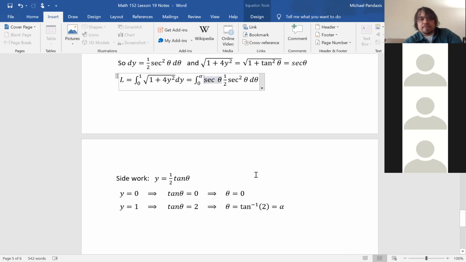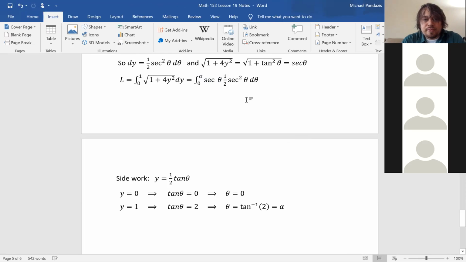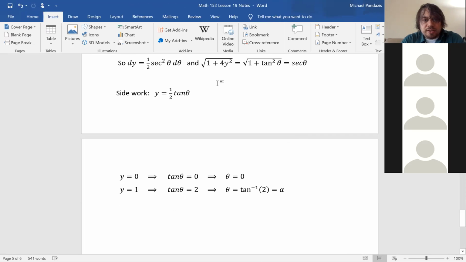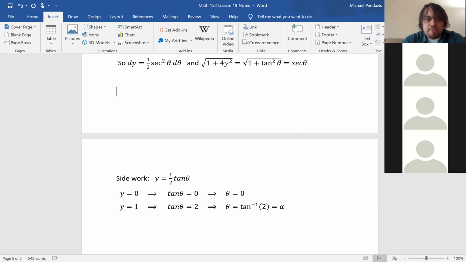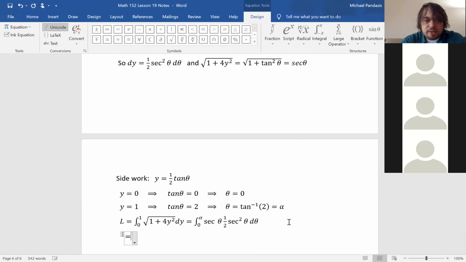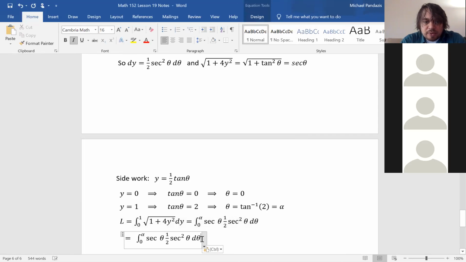Okay, so all of this is still good. I'm just going to put this below the side work here. This is still what we're doing, and now this is equal to this definite integral, but we can move the 1/2 out.